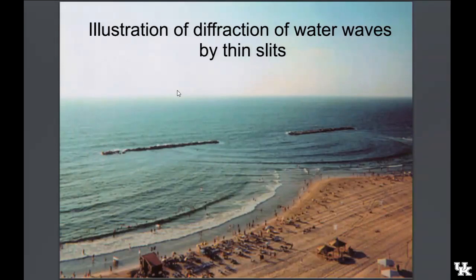You see this pattern of them here. You see that they're emerging through this region on the left here, and this region on the right here. And again, you see semicircular or hemispherical waves emerging through this left-hand hole in the barriers and emerging through this right-hand hole in the barriers. So that's diffraction.